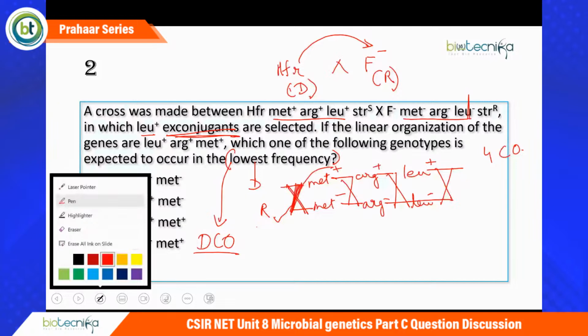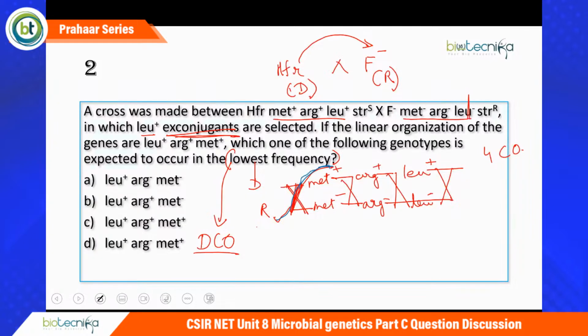From here it is getting Met plus. Then it is getting Arg minus. Then it is getting Leu plus. And then the bacterial chromosome, the recipient. So this is the genotype which requires the maximum number of crossovers, and definitely the frequency of such a recombinant will be least. The genotype will be Met plus, Arg minus, and Leu plus. So the answer will be option D.